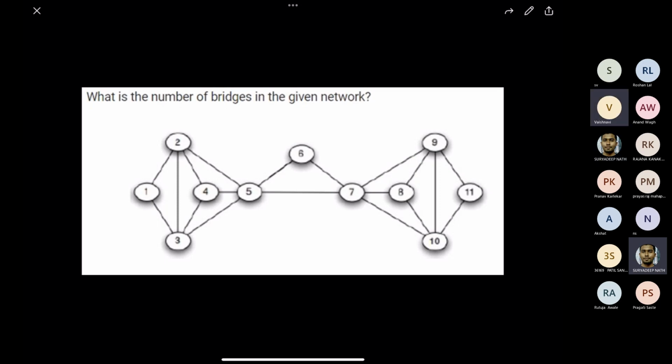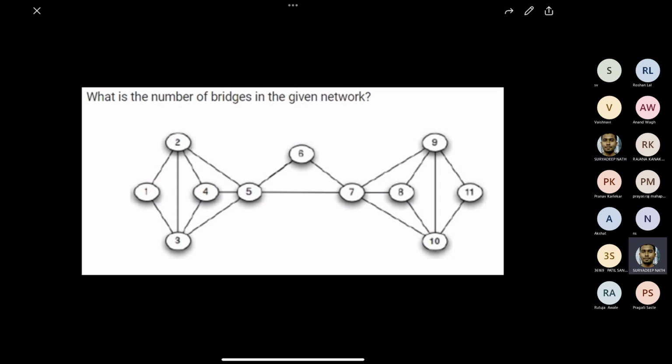Actually I was confused, so I asked. But I think the options might be wrong. You seem to be right. Every edge seems to have a common mutual friend. So I don't think there are any bridges here, unless if you remove the edges between 5, 6, and 7, they will become disconnected.